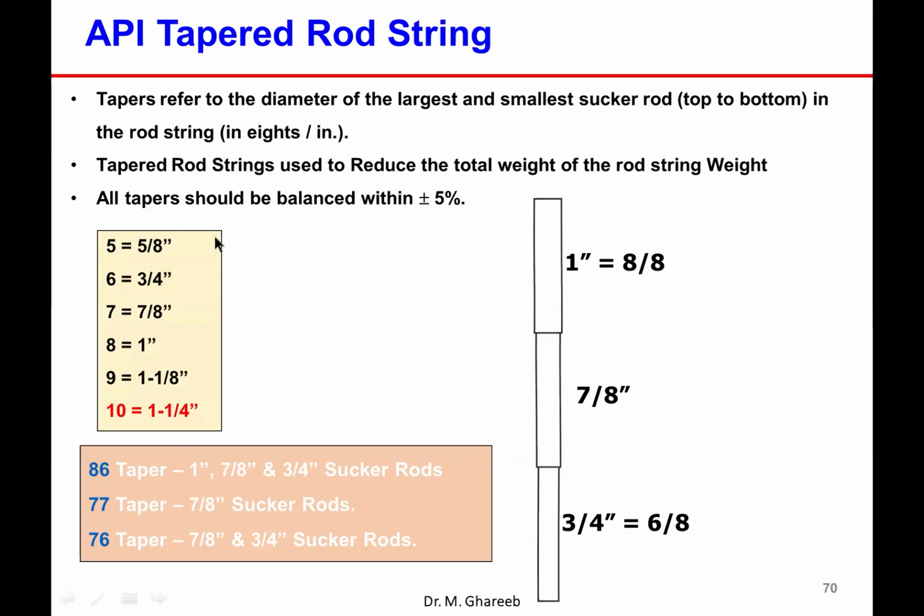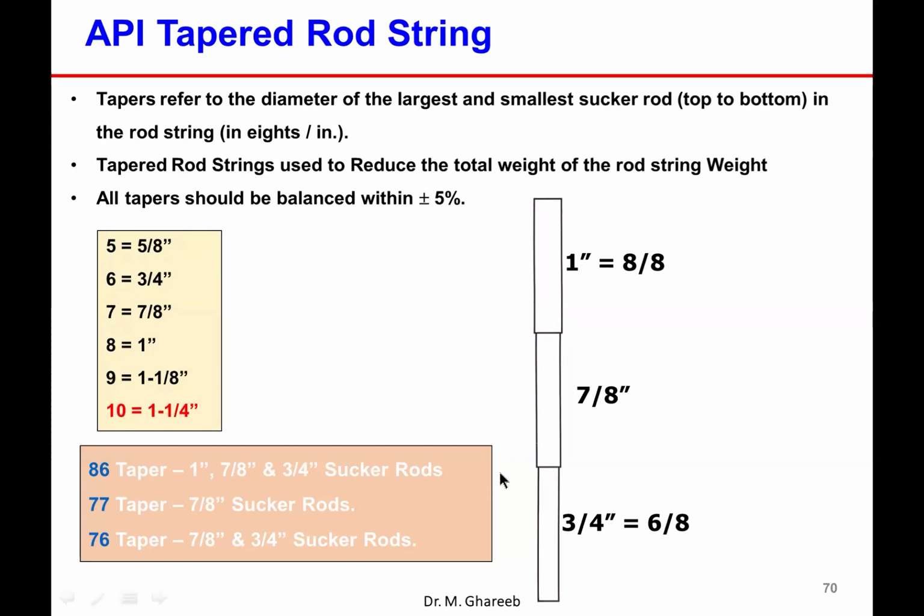Each size of rod, as I mentioned before, is given a nomenclature according to the API, with a certain number. 5/8 is the number 5. 3/4 is 6/8, number 6. 7/8 is 7. 1 inch is 8/8, which is 8. 1 and 1/8 is 9/8, which is 9, and 10 and so on.